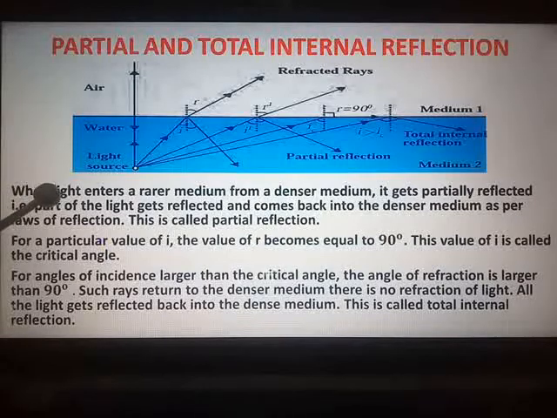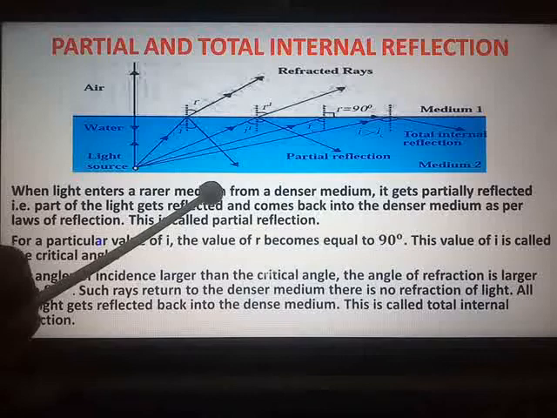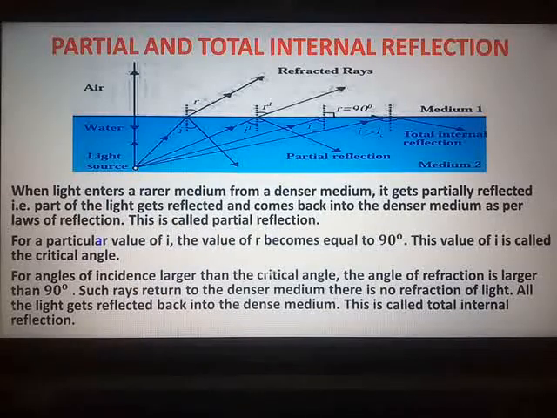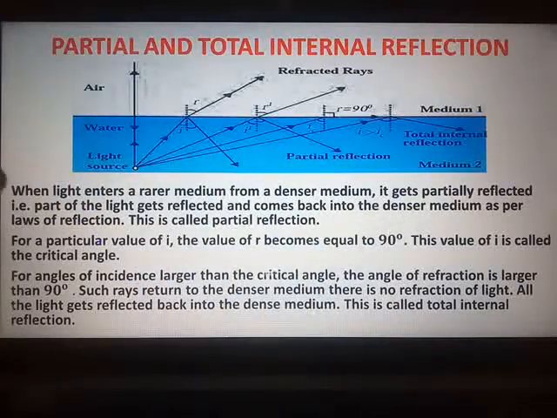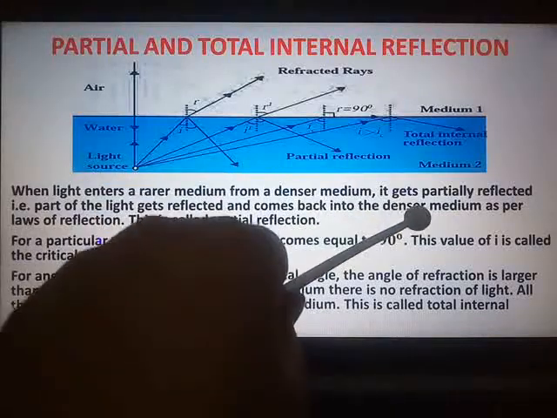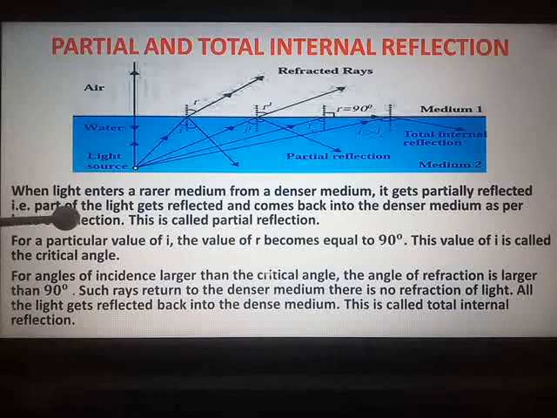So when light enters a rarer medium from a denser medium, suppose you take air and water, then air is the rarer and water is the denser medium. So first we will assume when light enters a rarer medium from a denser medium, it gets partially reflected. Means what? The part of the light gets reflected and comes back into the denser medium as per the laws of reflection, and this is called partial reflection of light.